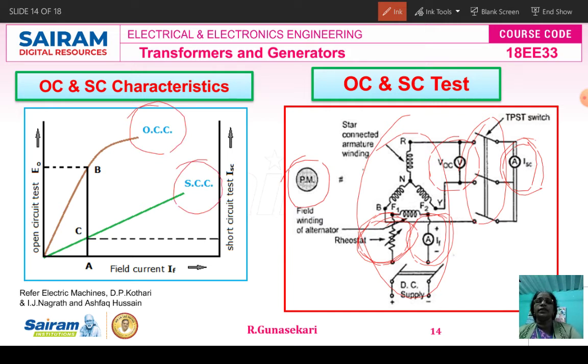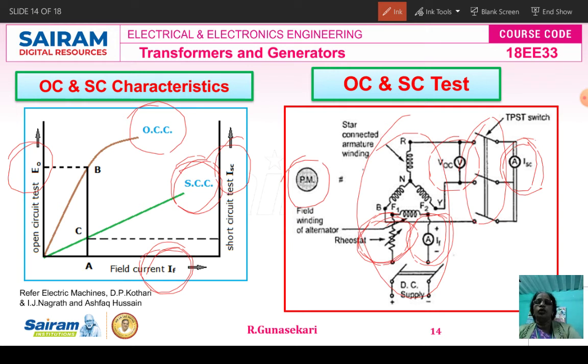The open circuit characteristics is drawn between E0, along the y-axis, and field current IF along the x-axis. The short circuit characteristics is drawn between the short circuit current ISC along the y-axis and the field current along the x-axis.